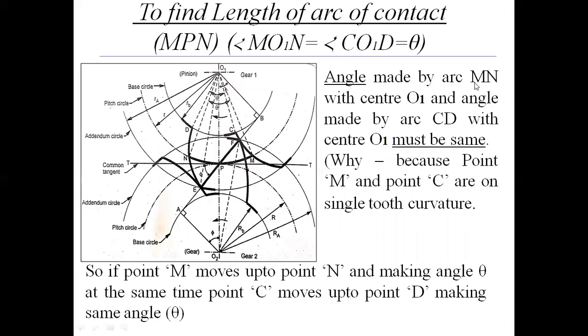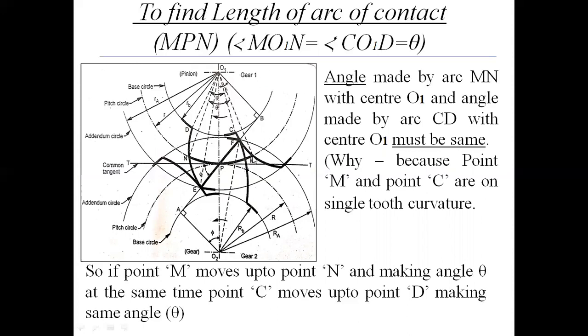The angle made by arc MPN with center O1 and the angle made by arc CD with center O1 must be the same, and that is theta. Why? Because point M and point C are on a single tooth profile, this tooth profile of the pinion.